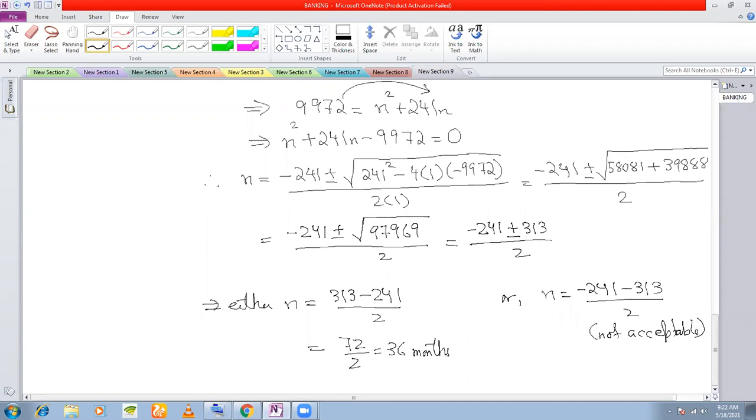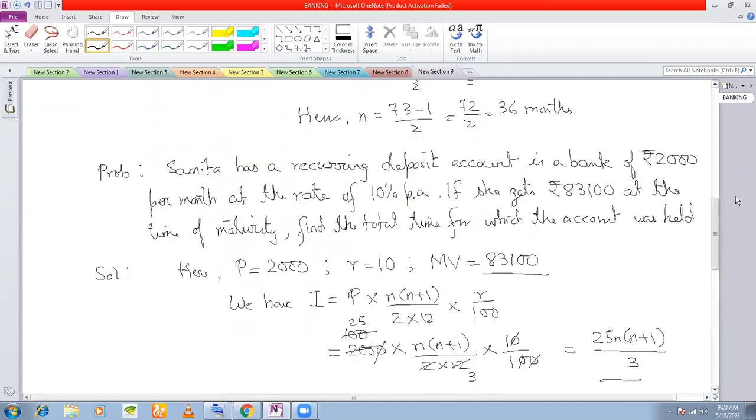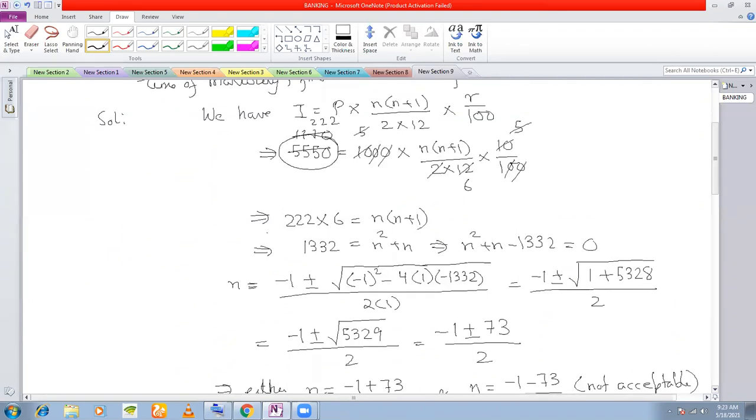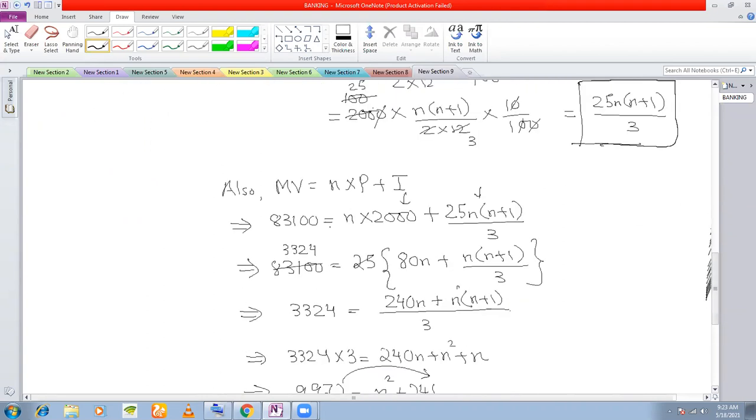Fine. So the calculation was a little long and tedious here, but still the difference between the earlier sum and this sum was that the interest was given to you directly in the earlier sum, and then you calculated n from there. But here, instead of giving you the interest, they give you the maturity value, from which you first calculated the interest, and then you use the maturity value formula to find out n.